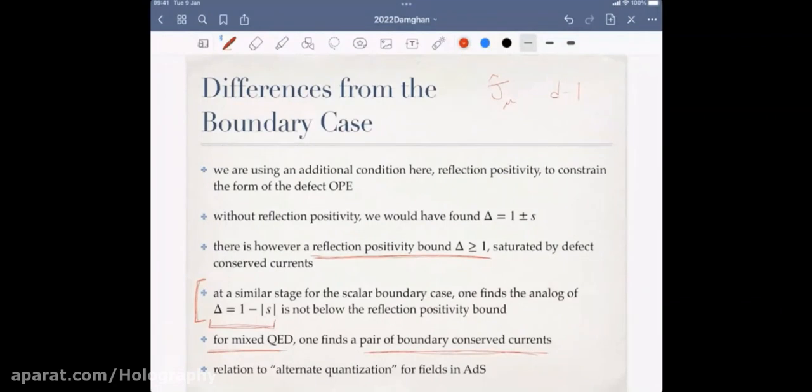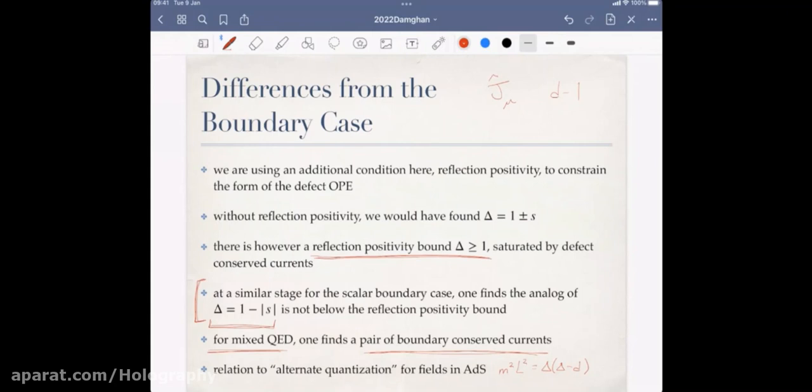This is very closely related to the phenomenon of alternate quantization in AdS. I mean, you AdS/CFT folks know this well, right? You have this result for the mass squared times the AdS radius squared is what? It's delta times delta minus D. And so for any given mass in AdS, you have 2 choices of dimension. This is the Weyl rescaled analog of that.